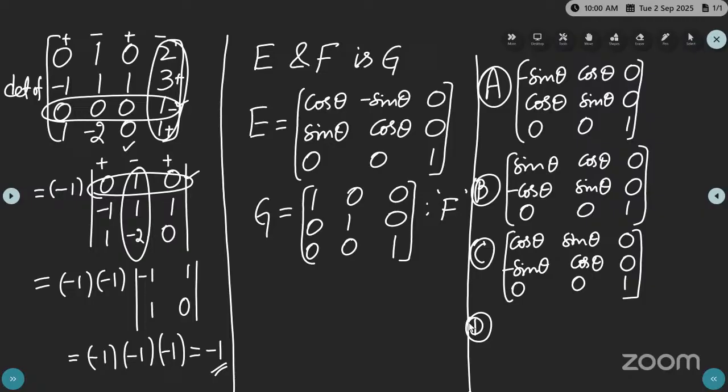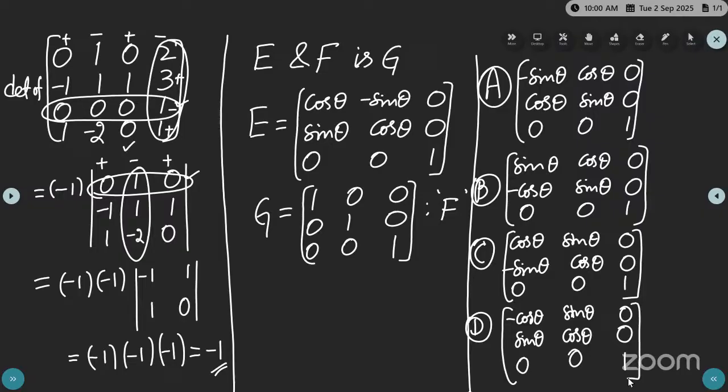Option D: minus cos theta, sin theta, 0, sin theta, cos theta, 0, 0, 0, 1.